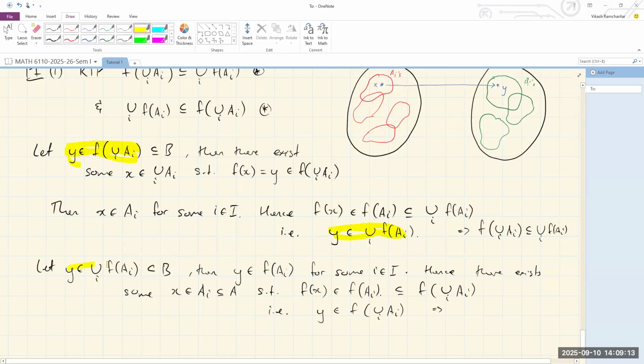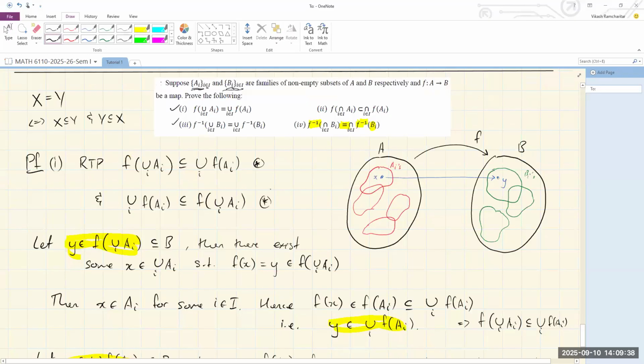We took a y in the union of f of Ai, and we showed that that y belonged to f of the union of Ai. So this means that the union of f of Ai is contained in f of the union of Ai. So we showed both of them.